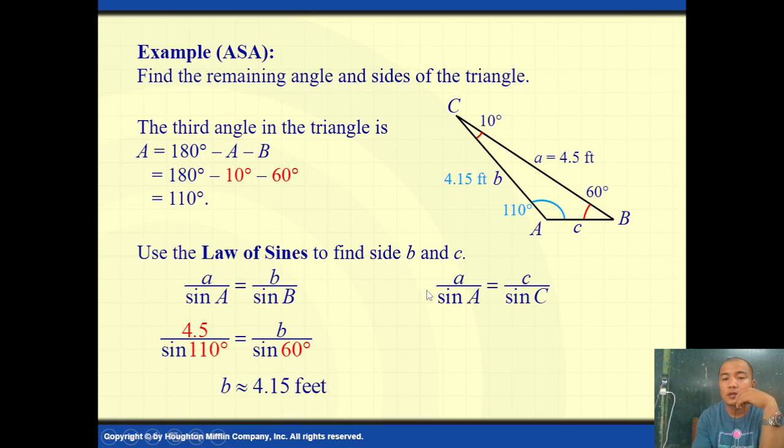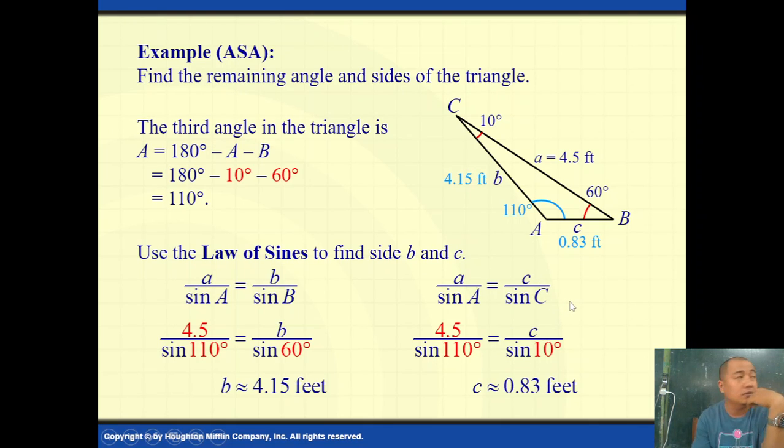To solve for side c, we're going to use the formula a over sine A is equal to c over sine C. a is 4.5 feet, angle A is 110 degrees, c is still unknown, and angle C is 10 degrees.